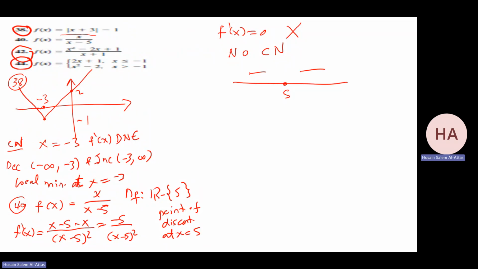So it's decreasing from -infinity to 5 and 5 to infinity. I cannot say it's decreasing from -infinity to infinity because at 5 we have a point of discontinuity, and we have no relative extreme.